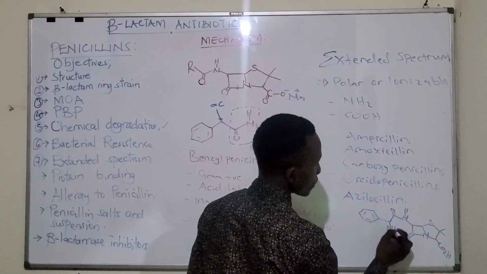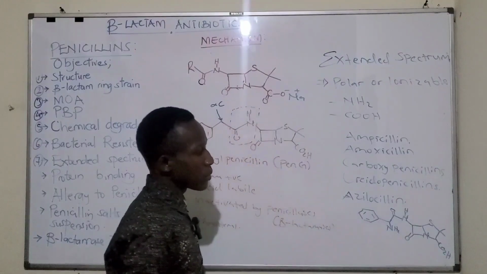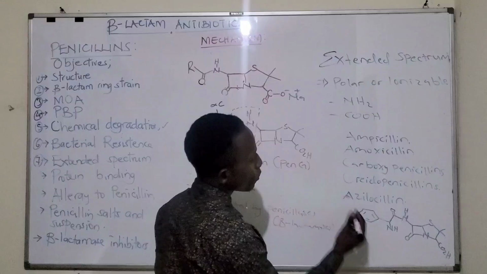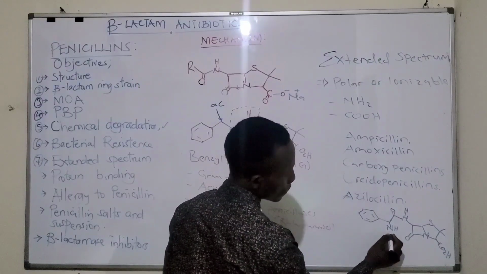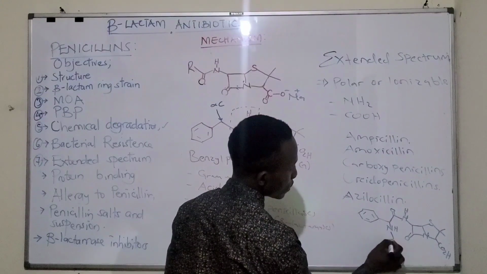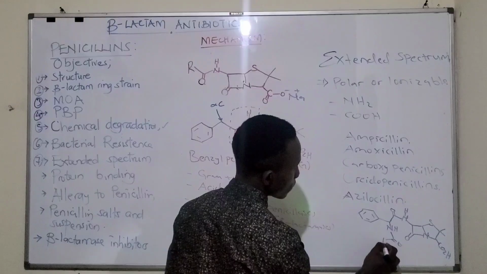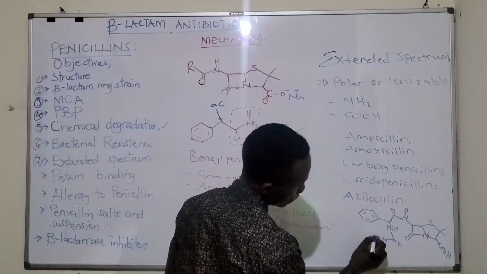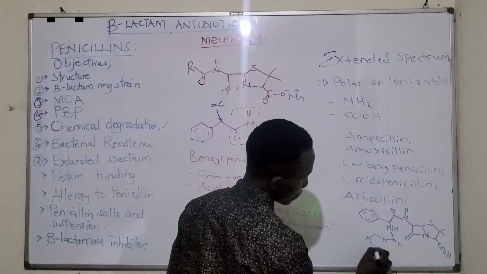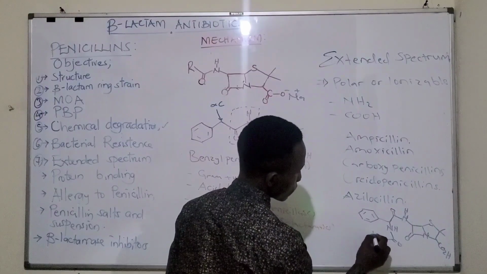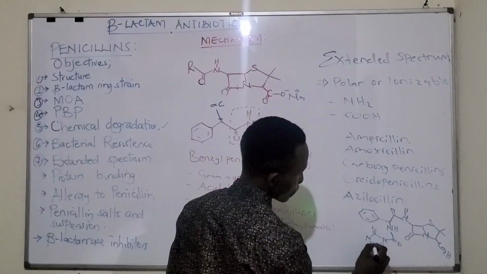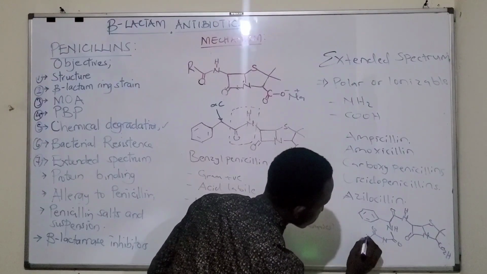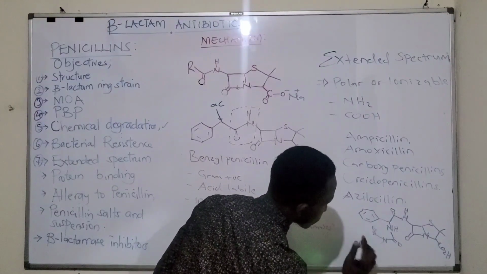So in ampicillin, this is an amino group. Then it was altered to form ureidopenicillins. For example, azlocillin, now this is an amide group. This is a heterocyclic ring.